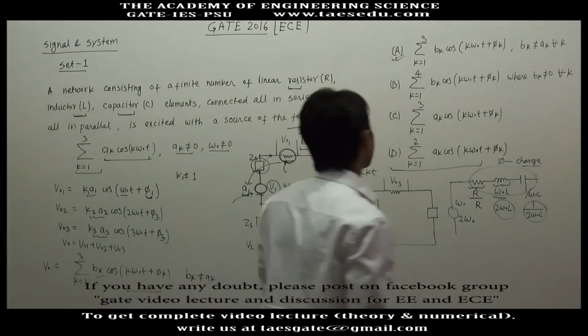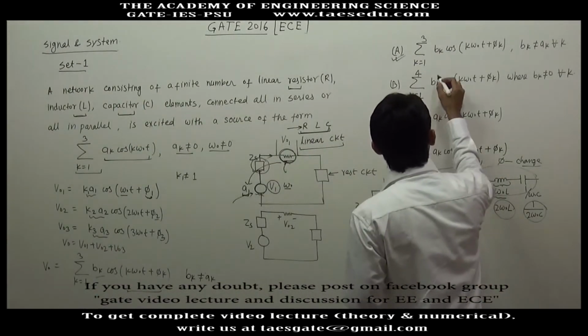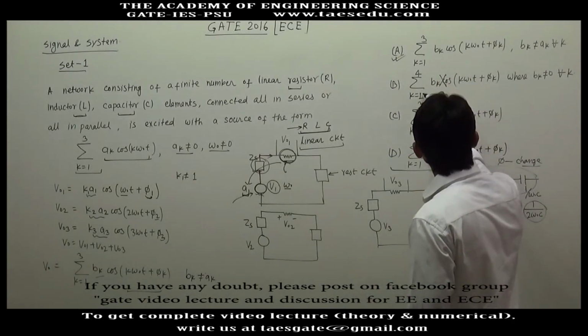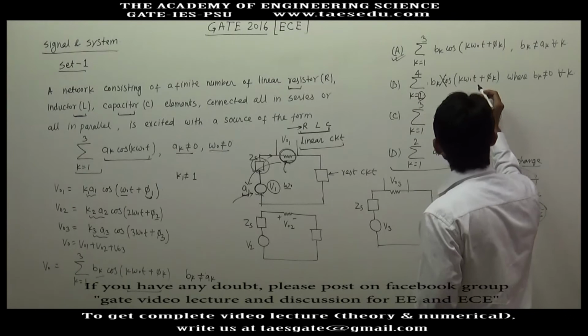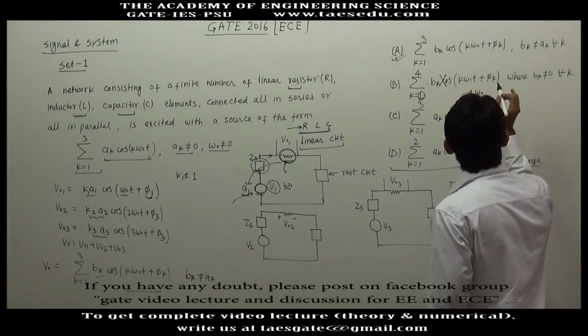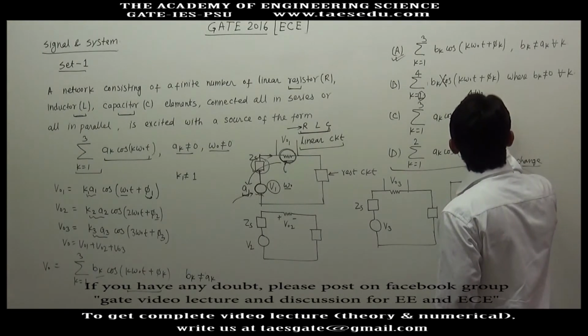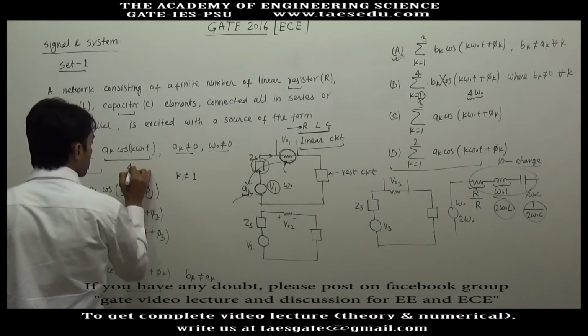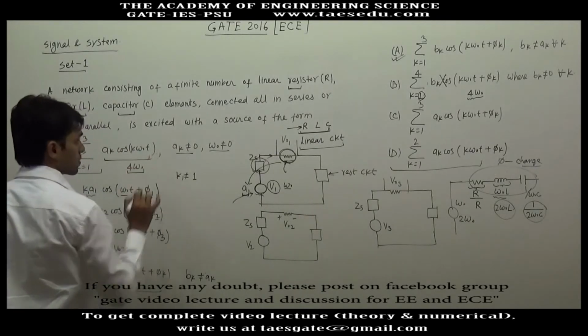If you check through the options, option D is absolutely wrong, because here you have k equal to 1 to 4. So if k is equal to 4, in output you have a frequency component of 4 omega naught, while in input there is no frequency component of 4 omega naught.